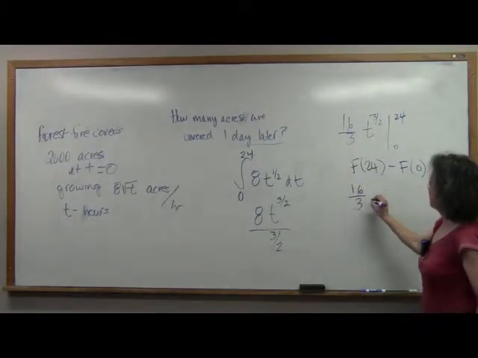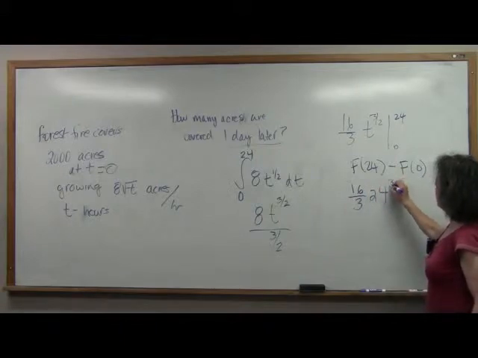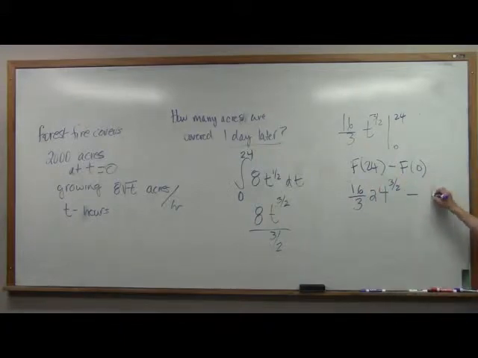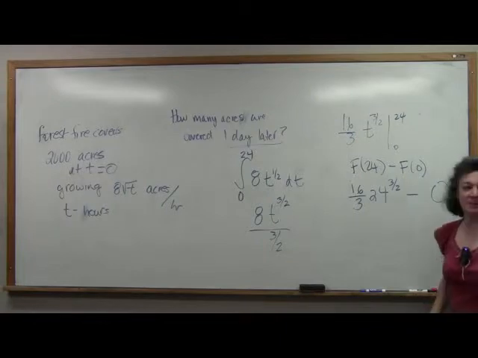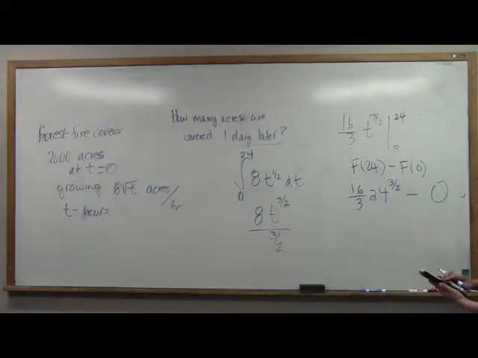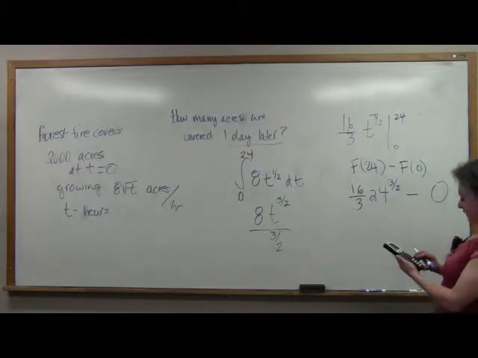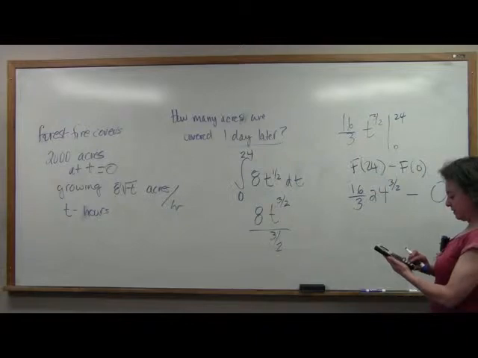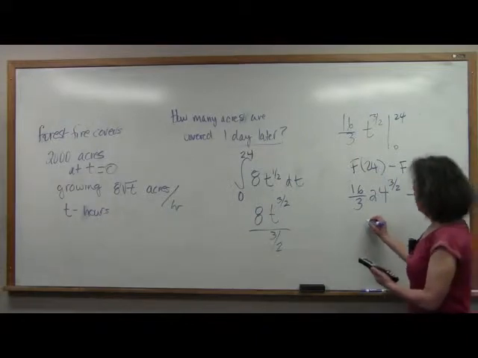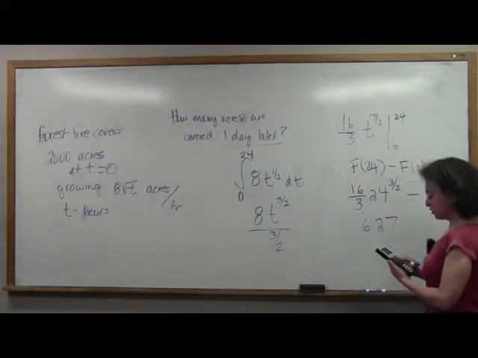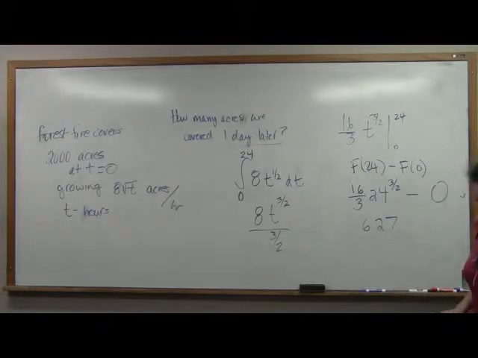So I have 16 thirds times 24 to the 3 halves power minus 0, which always makes me smile. And what do we get? Let me compute it so we all have our curiosity satisfied. And what we get is 627.